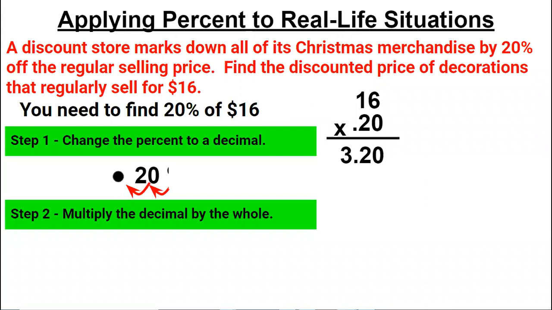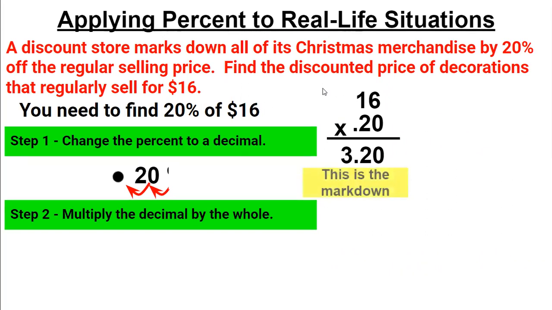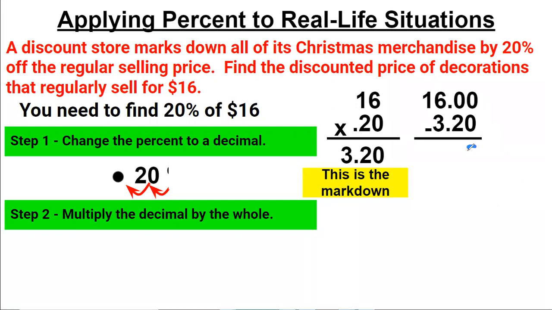So what do you have to do? You have another step, right? So $16 was the original cost. The markdown was $3.20. That's how much you're taking off of the selling price. So you're going to subtract. So 16 minus 3.2, and I'm actually going to do this one because I want you to see how to subtract with zeros. 0 minus 0 is 0.